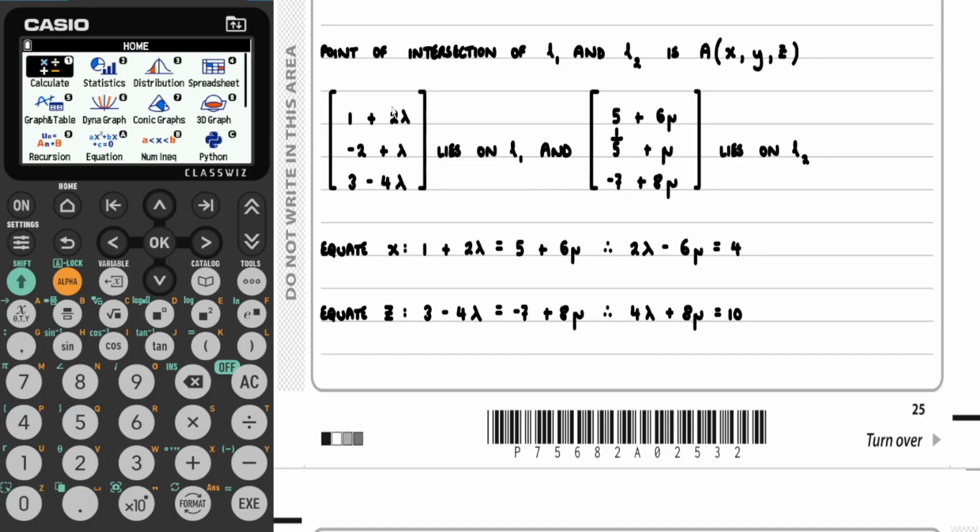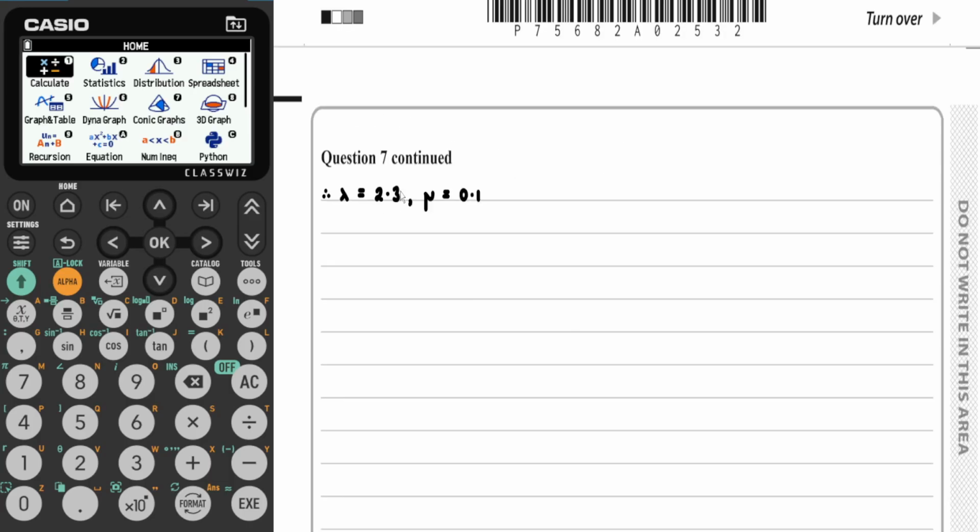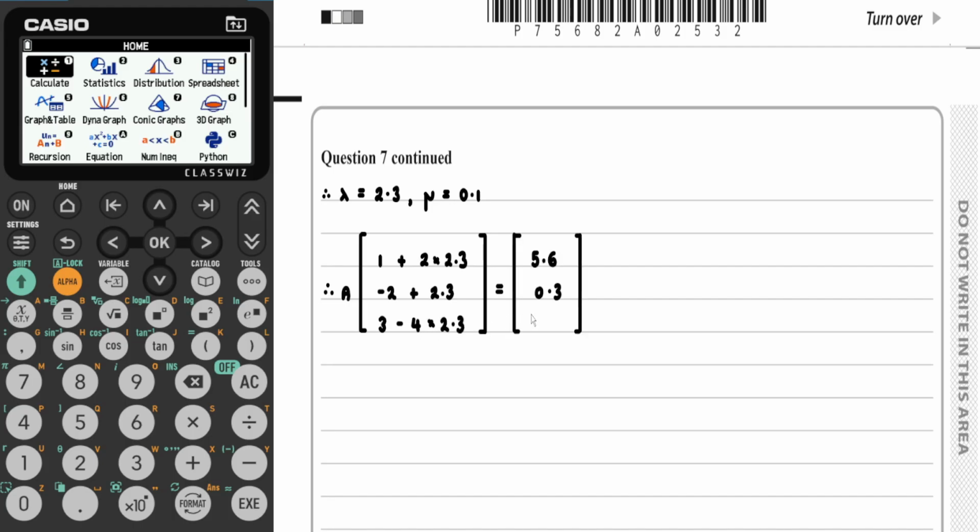So we need to use this and this with our values of lambda and mu to help us find out what A is. So A, using the value of lambda, is 1 plus 2 times 2.3, negative 2 plus 2.3, 3 subtract 4 times 2.3, so we get 5.6, 0.3 and negative 6.2.